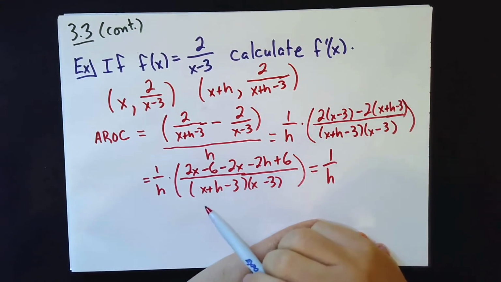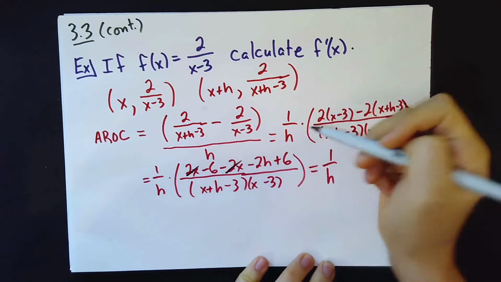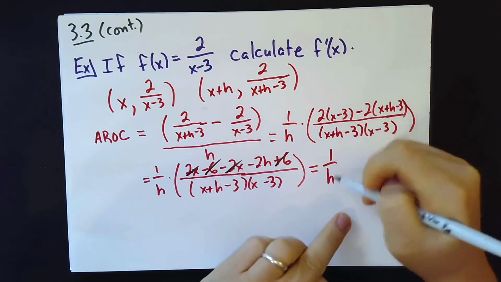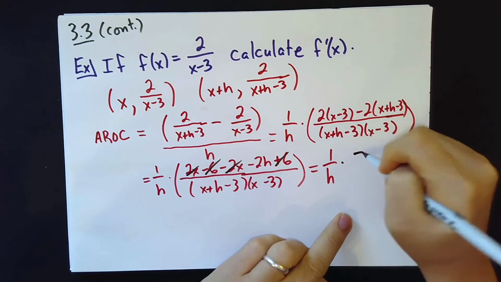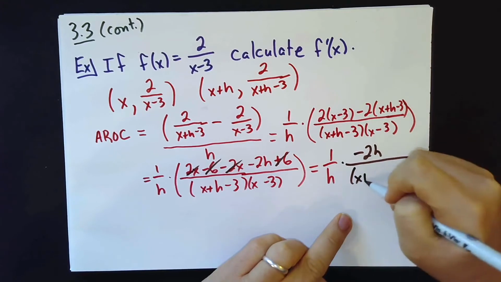Okay, and we hope there's a lot of cancellation, and there is indeed a lot of cancellation. So there's a 2x and a minus 2x, and a minus 6 and a plus 6. And so I'm going to get just 1 over h times minus 2h divided by this product.